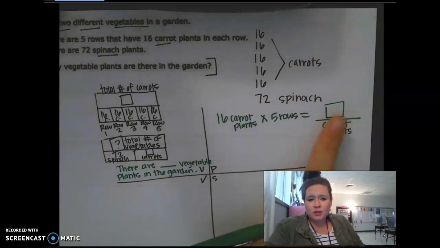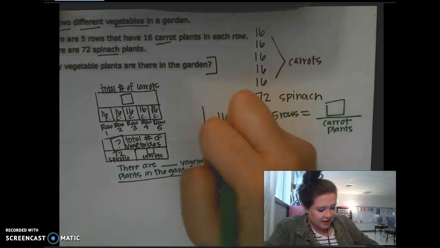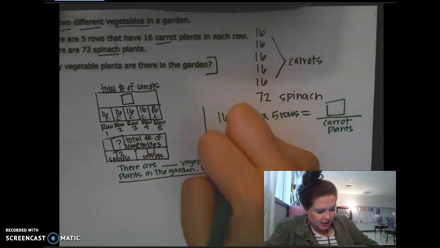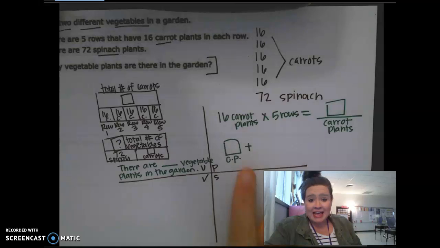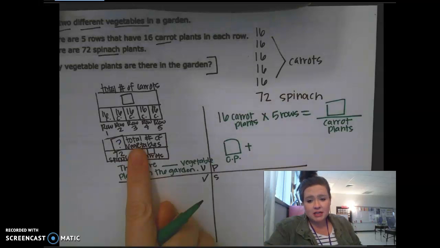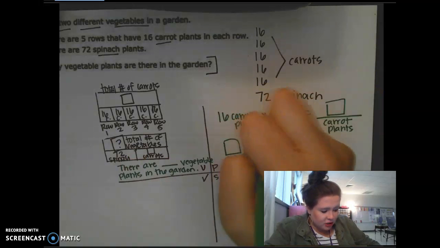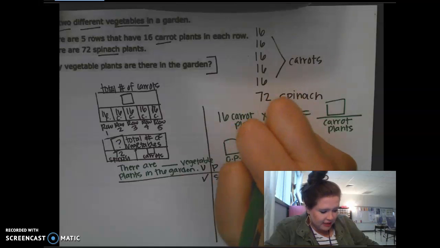What are we going to do with this number of carrot plants? Good. We're going to take the number of carrot plants and add it, just like you said, to 72 spinach plants.